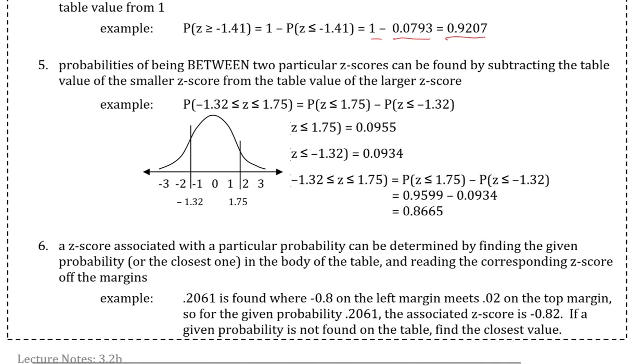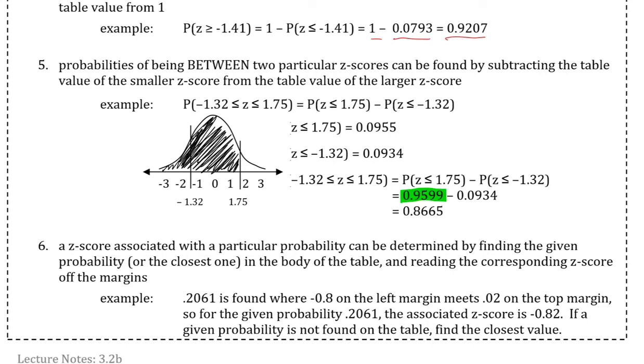If you need to find probabilities between two particular z-scores, you can find that by subtracting the table value of the smaller z-score from the table value of the larger z-score. If I want the probability between negative 1.32 and 1.75 for z-scores, I would find the area entirely to the left of the z-score of 1.75, which is 0.9599.